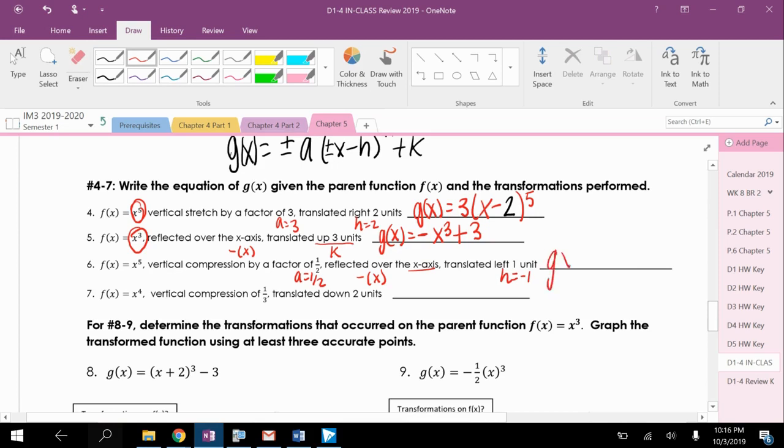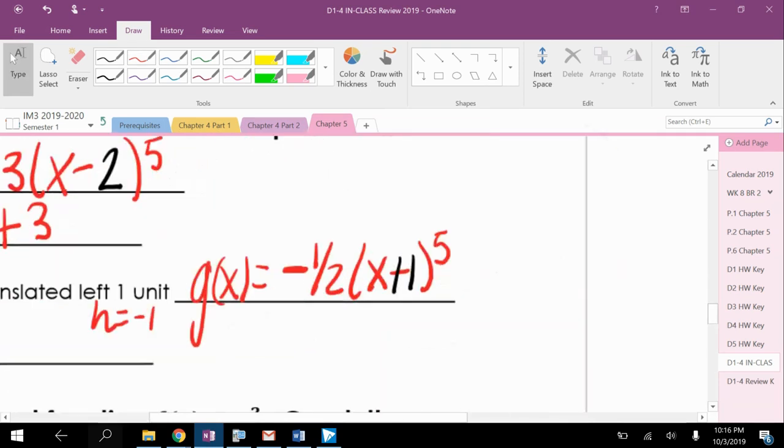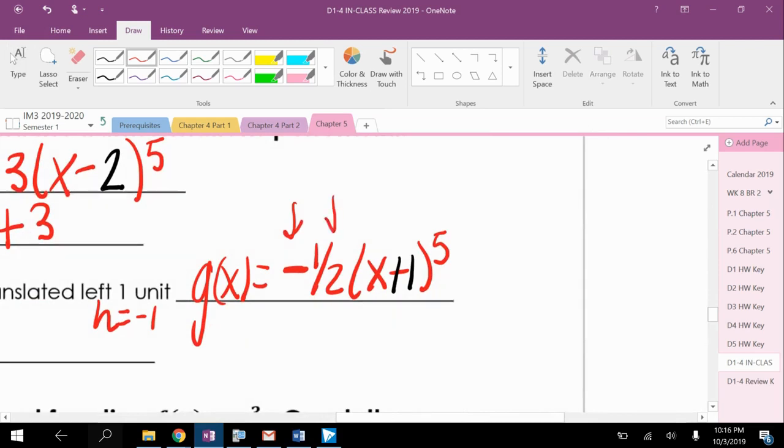So here we go, g of x is equal to a negative, because we're reflecting, 1/2 x minus whatever our h value is. Well, our h value is -1, so it changes it to a +1 to the power of 5. And again, go back and check, does that make sense? This means reflection, this means compression, this means left 1.